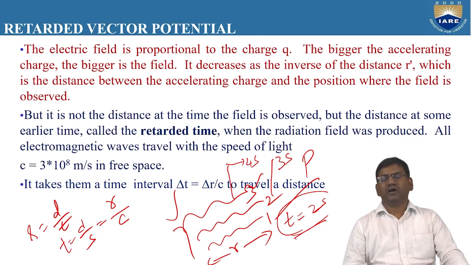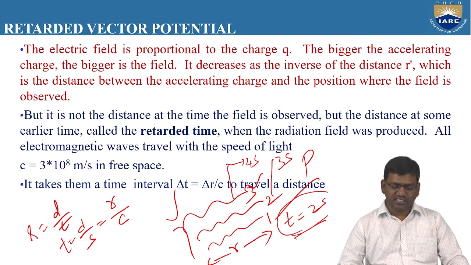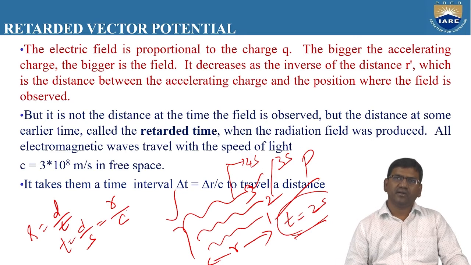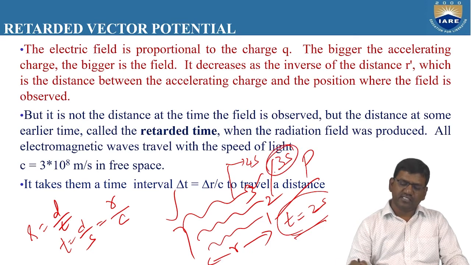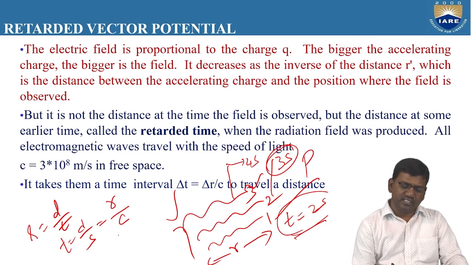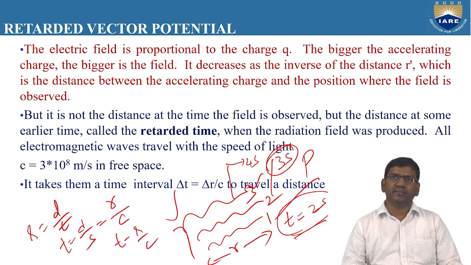So just now we discussed that at time r by c, the electromagnetic wave is going to reach the distant point p. At the same time, the second electromagnetic wave is going to reach the point p after some time interval. That time is t minus r by c.